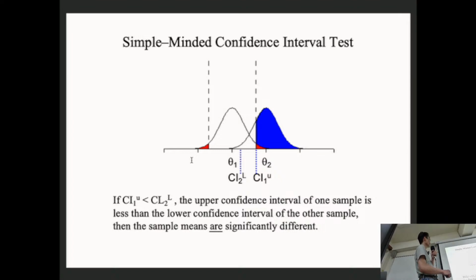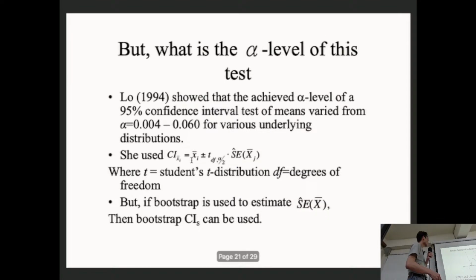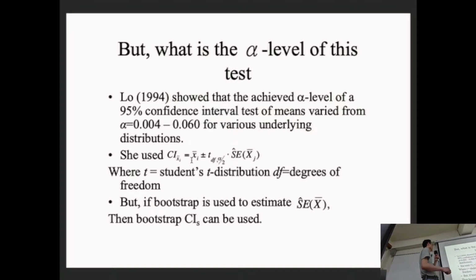So whether the confidence intervals overlap. This is a simple-minded, very strict, very conservative hypothesis test. And if you're interested, you can read this paper I put on NTU Cool.